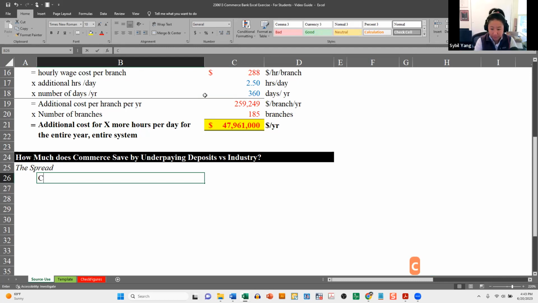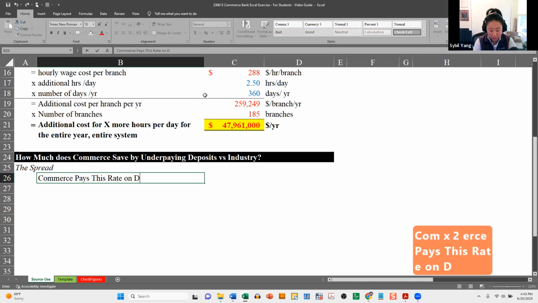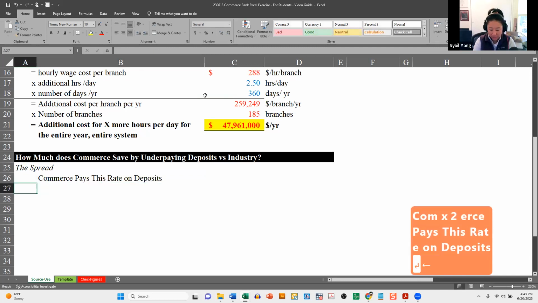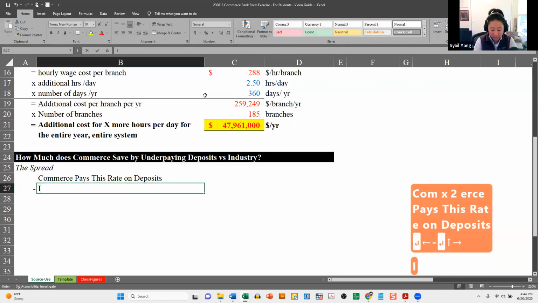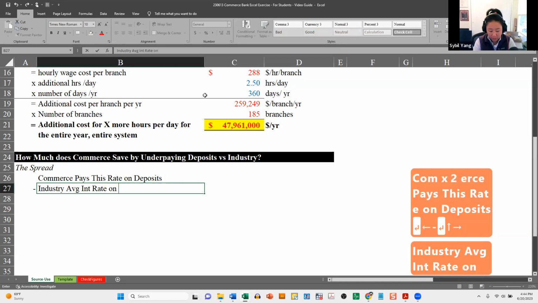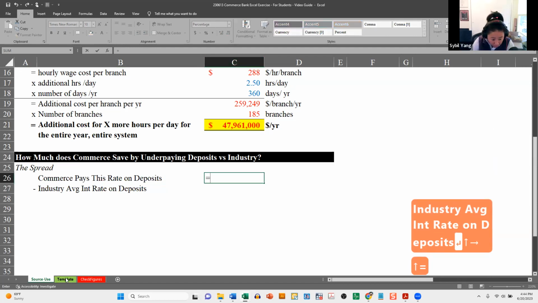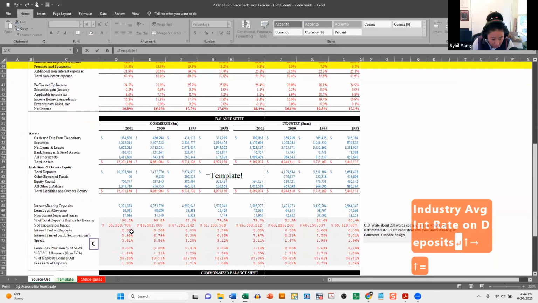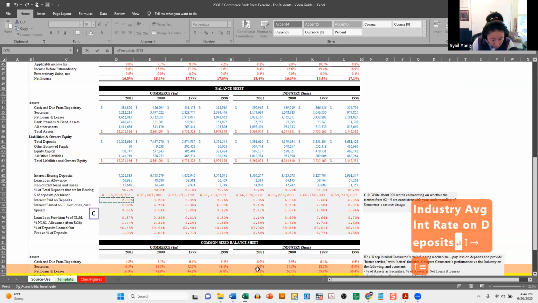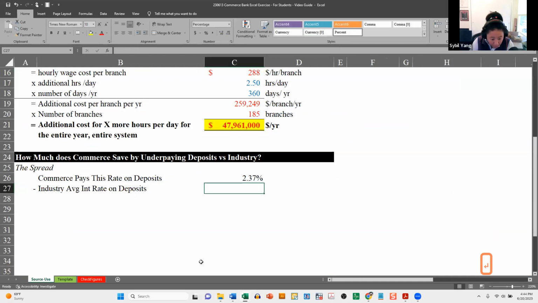Okay. So the spread is going to be what Commerce pays on deposits minus the industry average interest rate on deposits. Okay. And for Commerce paid 2.37. Okay. And the average industry rate on deposits.